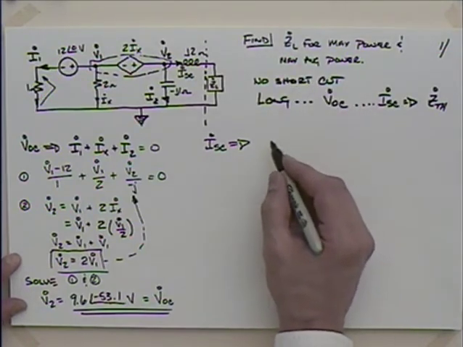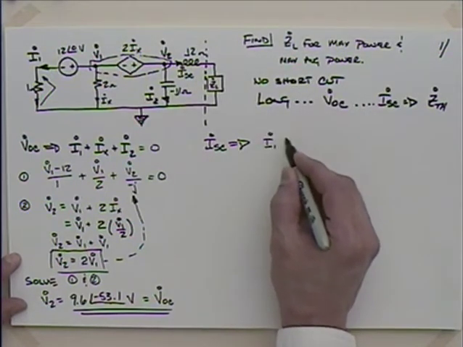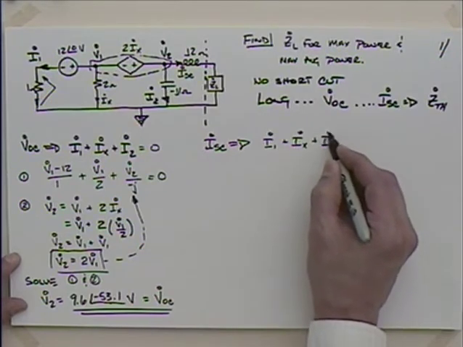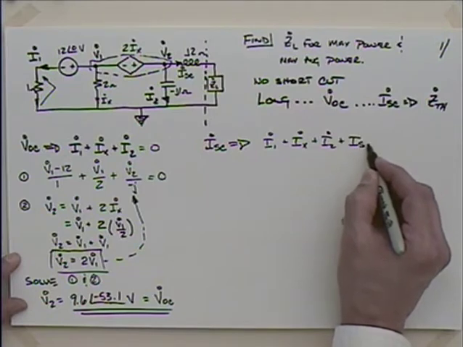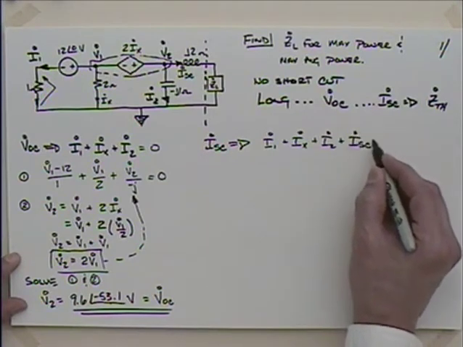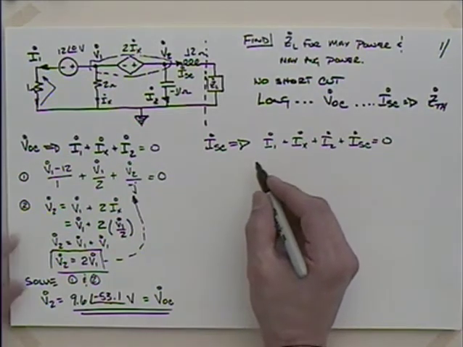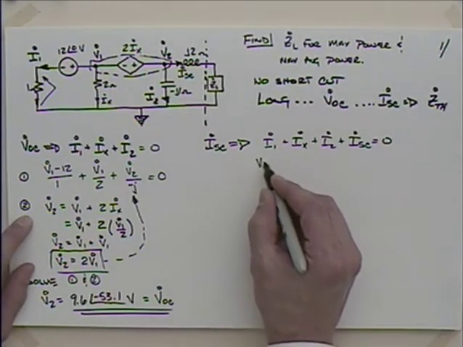So when we go through it, we would have, again, I1 plus Ix plus I2 plus now I short circuit, right, is equal to 0. So we have a very similar substitution, at least for a while.